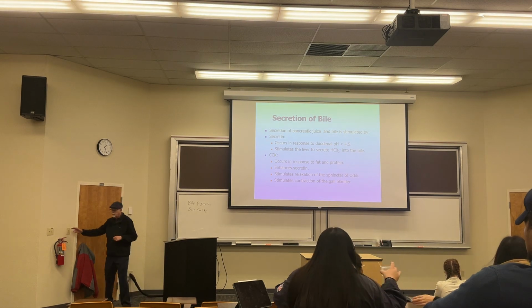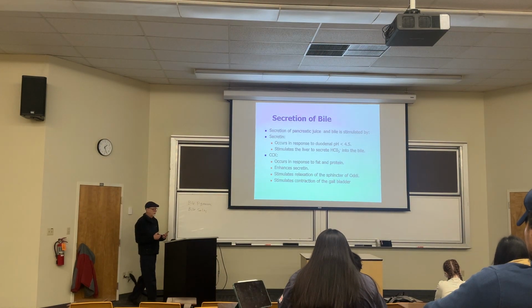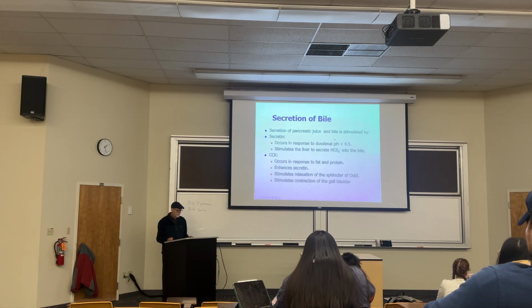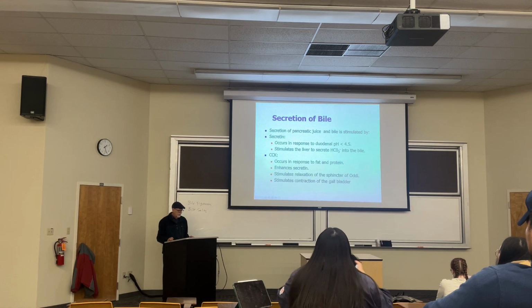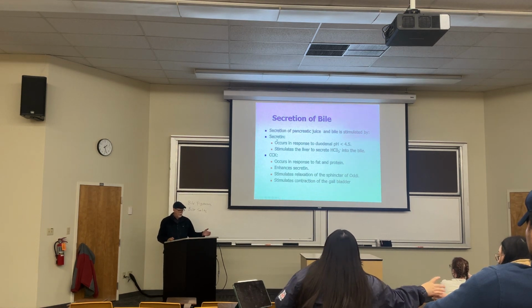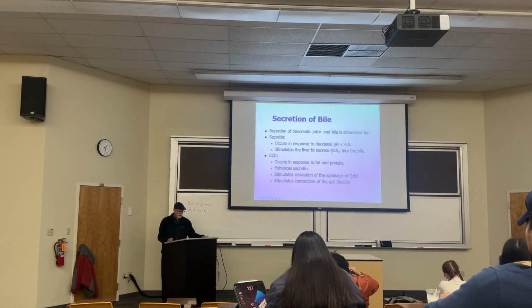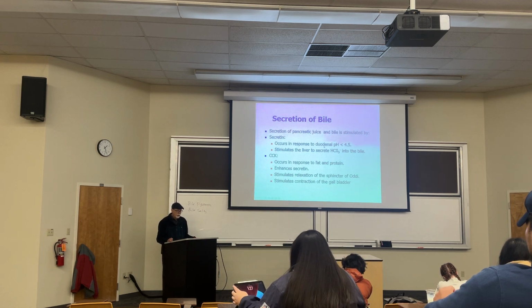When we're looking at what controls the secretion of pancreatic juice and bile, we'll just remind ourselves that the hormone secretin is going to be stimulated to be released when the duodenal pH is less than 4.5.